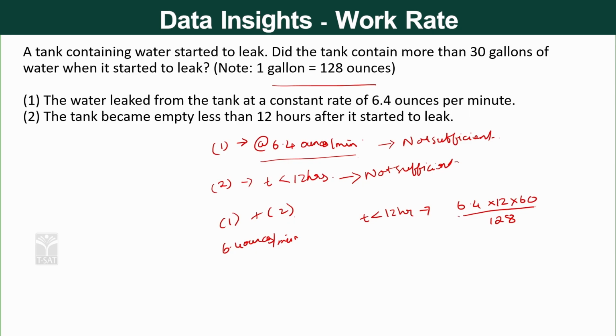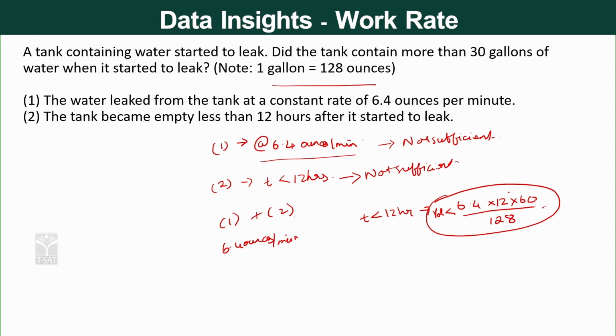The volume leaked must be less than this, because in 12 hours this is the amount that would have leaked and it is emptying before that. So, the volume is less than this expression.